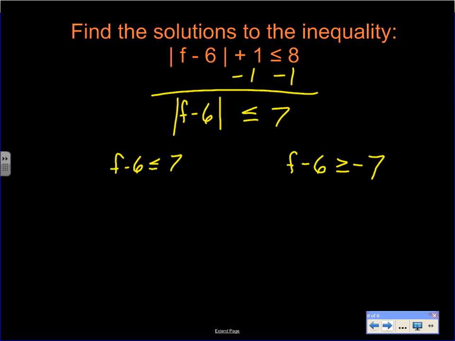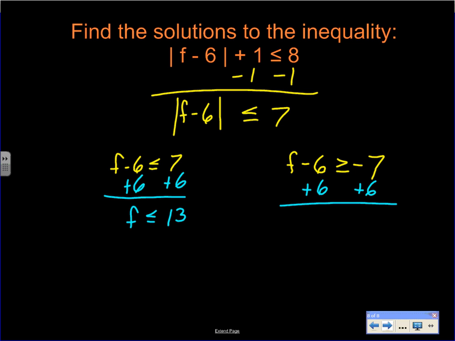And solving this out, we want to add 6 to both sides, so f is going to be less than or equal to 13. Same thing over here. We add 6 to both sides. F will be greater than or equal to negative 1.